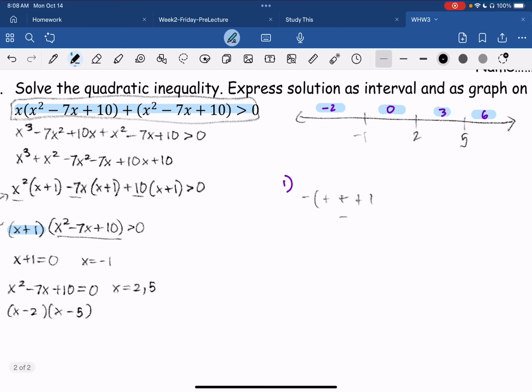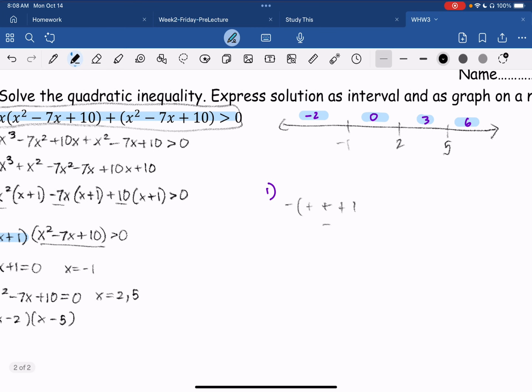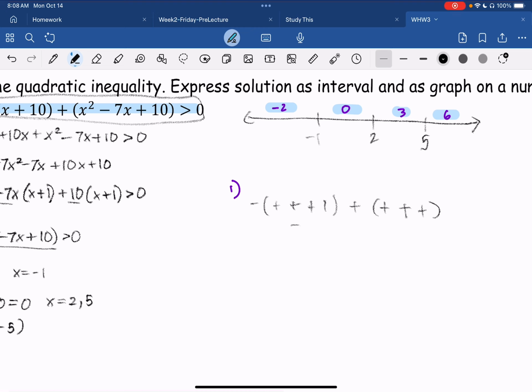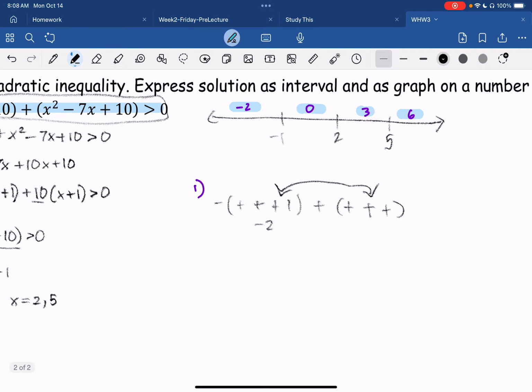In the same way, on the other equation, I have a positive and a positive. However, these two numbers are the same. And because this one has a coefficient of -2, I know that this number will be bigger than this number.